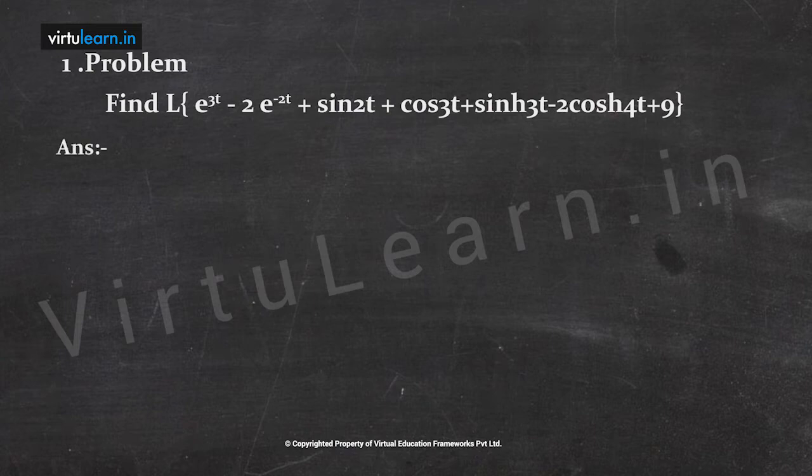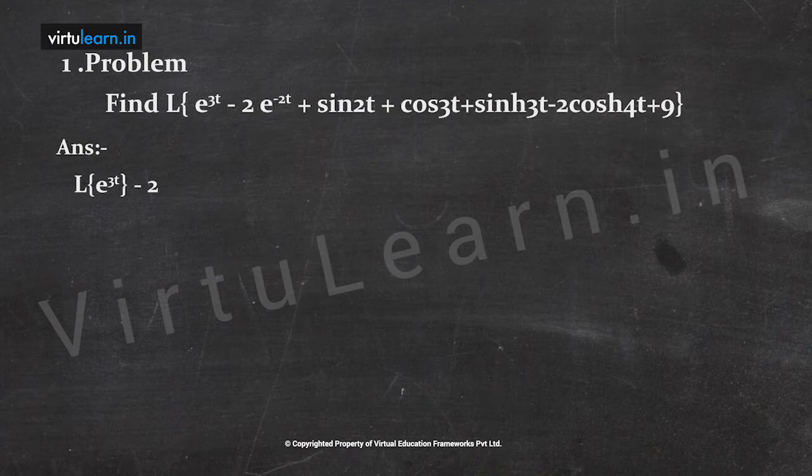Answer: Laplace transform of e^(3t), separate it. The first function is e^(3t), here also I am writing e^(3t). Minus 2 is a constant, so you write minus 2 outside. In multiplication you write the constant outside.